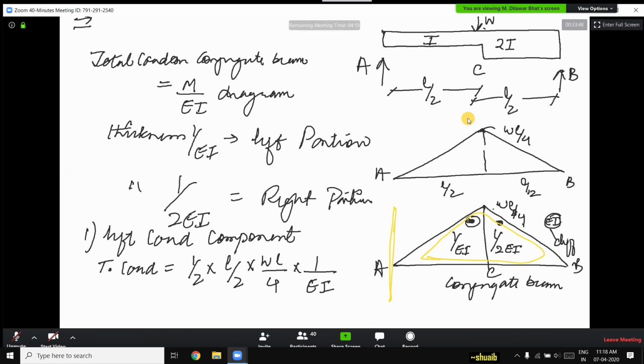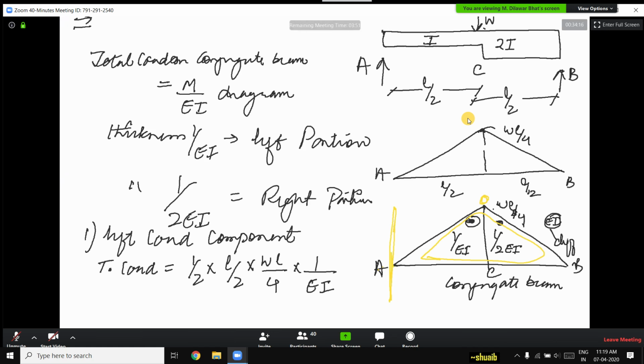Let's say this is point O, and we calculated the total load on AOC first, and then the total load on COB second, and then added them up. We also calculated the moment due to load about A.